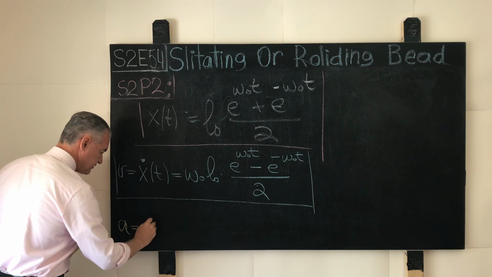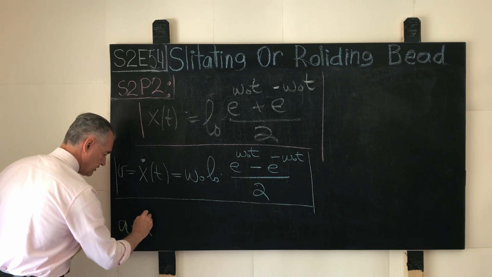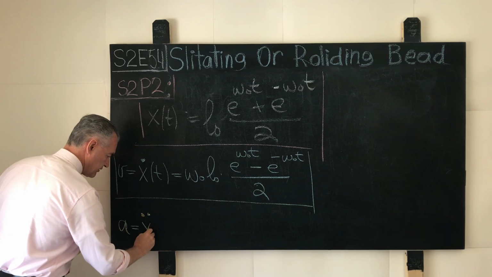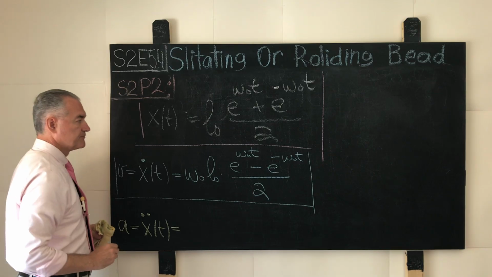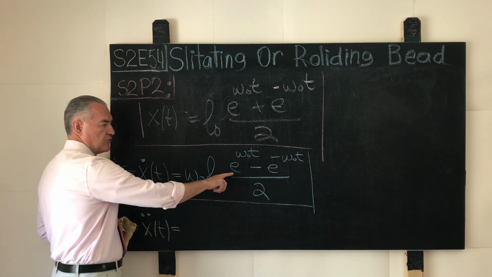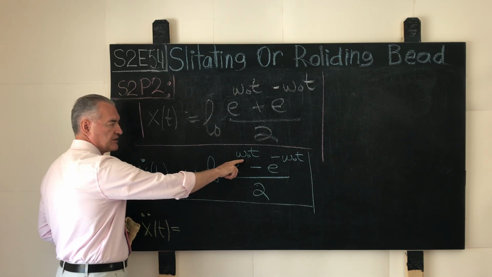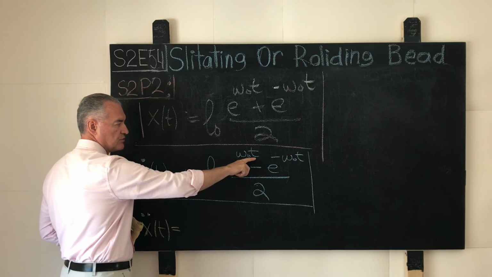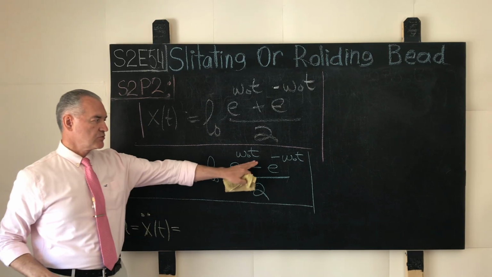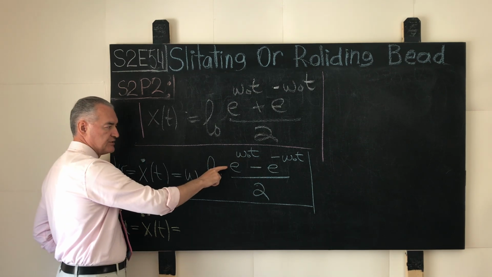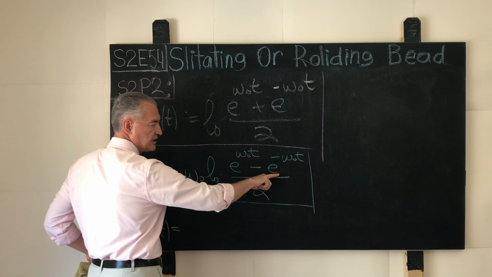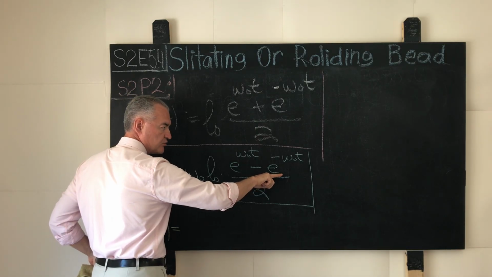A, that is the second derivative of x over time, will be what? The first derivative of this exponent will be simply omega 0 times the exponent, because the differentiation is carried out with respect to the variable t. So this will be omega 0 times this exponent. The first derivative of this exponent will be what?